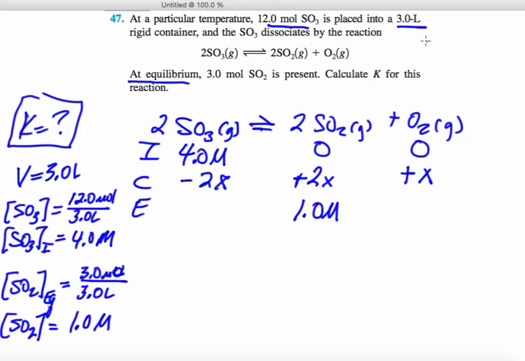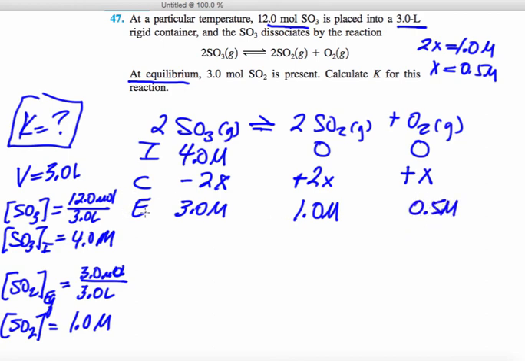If not, then just set that up. 2x equals 1 molar, and solve for x, which comes out to 0.5 molar. Therefore, if this is 0.5 molar for x, 2 times that is going to give me 1. 4 minus 1 gives me 3 molar. Then over here, this is just going to be 0.5 molar.